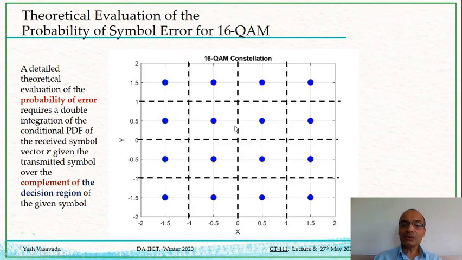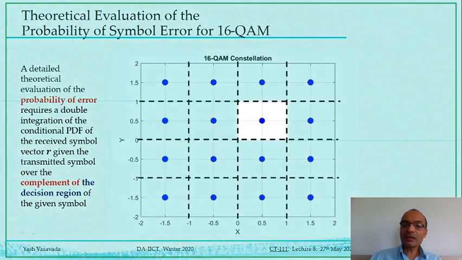But now we will have to evaluate that conditional PDF over a two-dimensional Gaussian distribution over the complement of the decision region for this symbol. So we'll need to evaluate that two-dimensional PDF over the entire IQ plane from minus infinity to infinity, excluding this decision region.